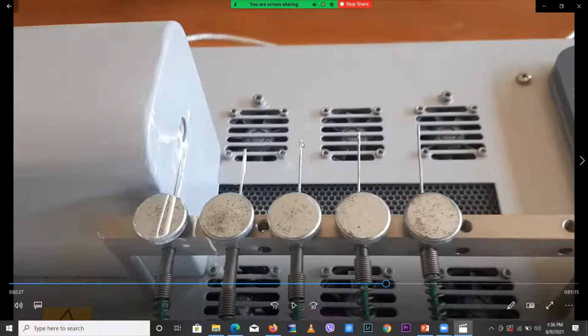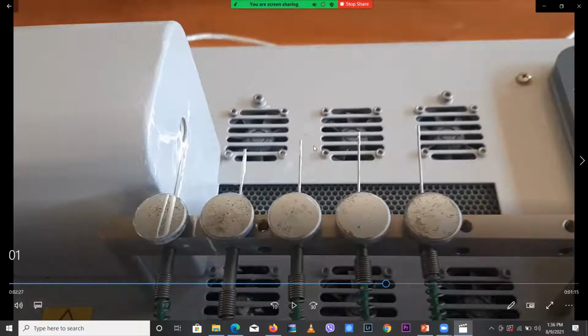Every two holes have a distance of 25 millimeter. When we insert these thermostat probes, they will sense the temperature of that place.